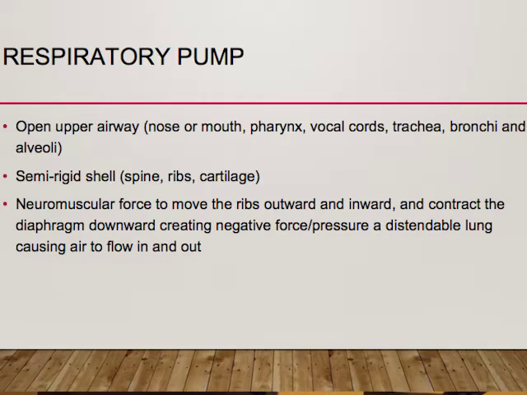And then you have to have some sort of a driving force, the piston, if you will, which is provided by the rigid structures connected to moving structures, which are the muscles. The diaphragm, which is the most important inspiratory muscle, and then the accessory muscles of the chest wall, et cetera, that are very important in driving explosive cough.